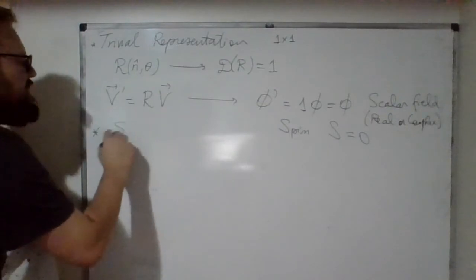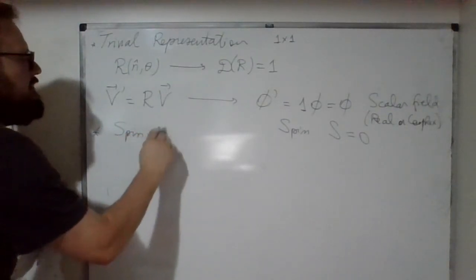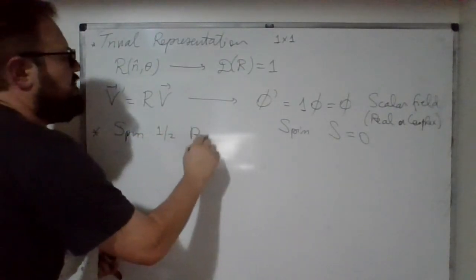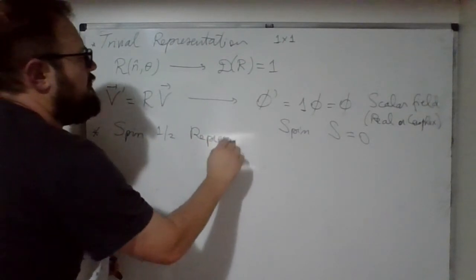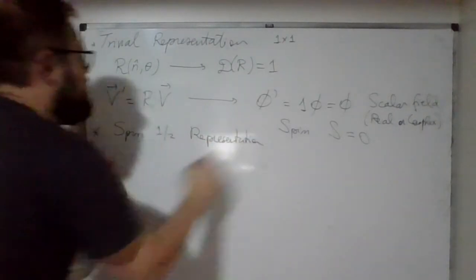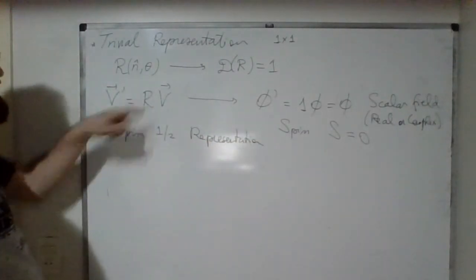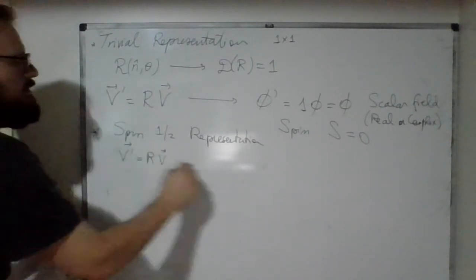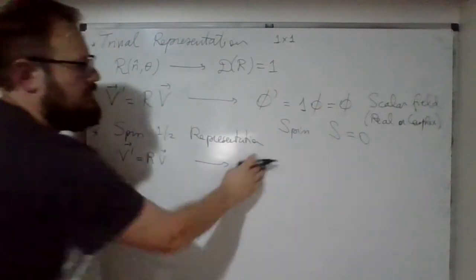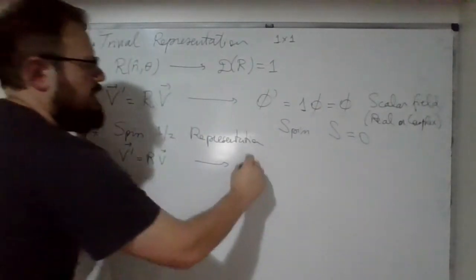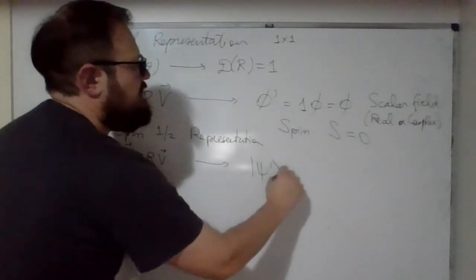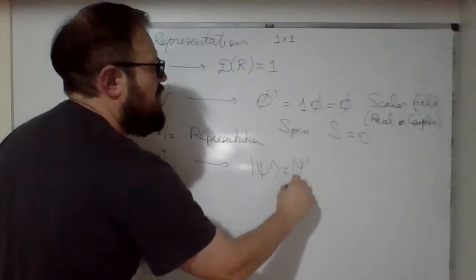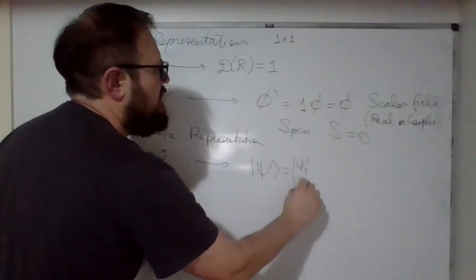So, the spin half representation. If you rotate the vector here, what happens to a Pauli spinor, which has two components, the up and down state?